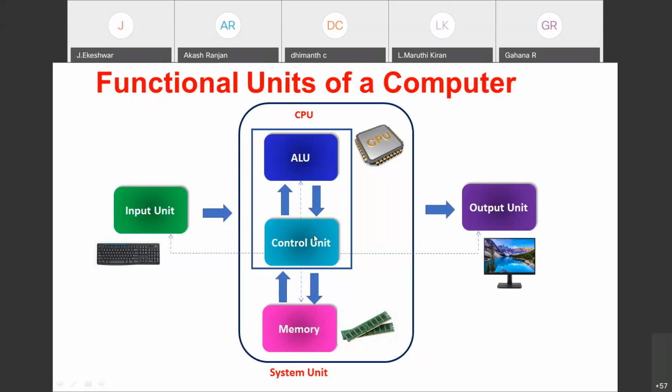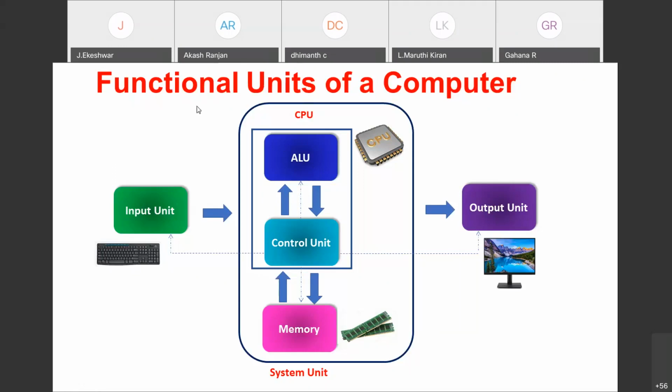Similarly, if you want to write some data, so within the processor some data is there, you want to write that data to the memory at some location. In that case, the processor will send out the address of the location to which the data is to be written, and also sends out the write control signal. Similarly, if some ALU operation is to be performed, ALU stands for arithmetic logic unit, which is the component within the processor for performing arithmetic and logical operations, or the execution of the instruction takes place within the ALU.